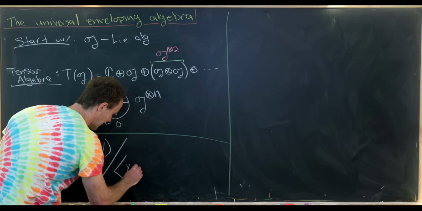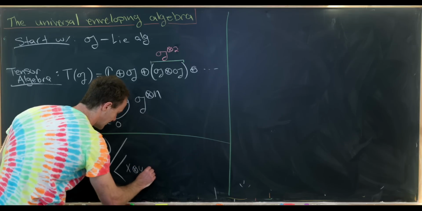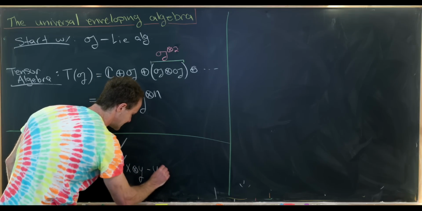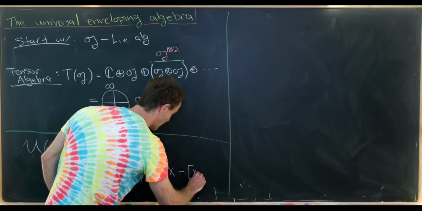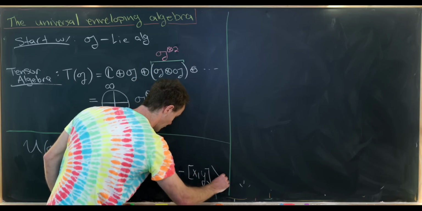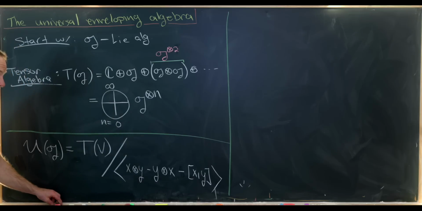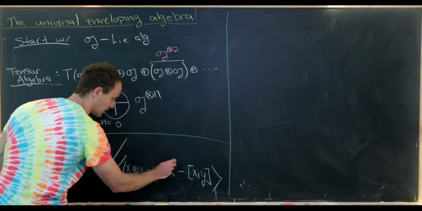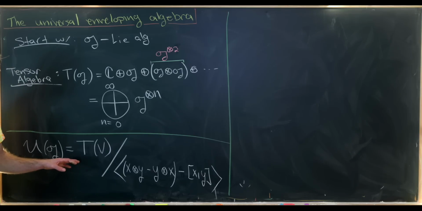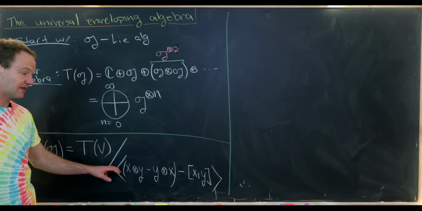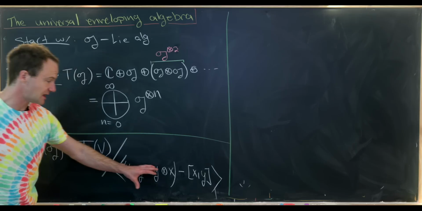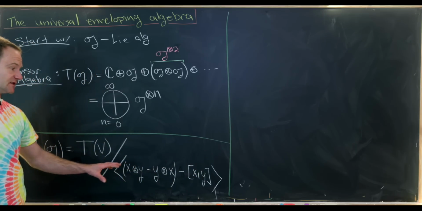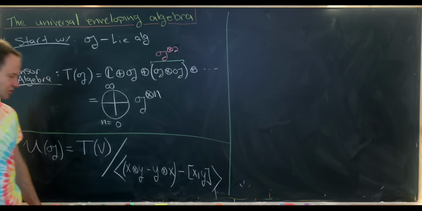So we'll take X tensor Y minus Y tensor X, and then minus the Lie bracket of X with Y. So it's generated by things of this form. Now let's recall that if we're putting something in the ideal that we're forming the quotient from, that means that this object in the ideal is 0 in the quotient.